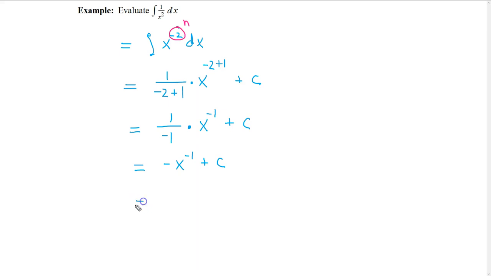And just note, you could even write that as, just realizing that x to the negative 1 is 1 over x. So there you go. We had to rewrite 1 over x squared so that we could apply the power rule. That's a very common technique.